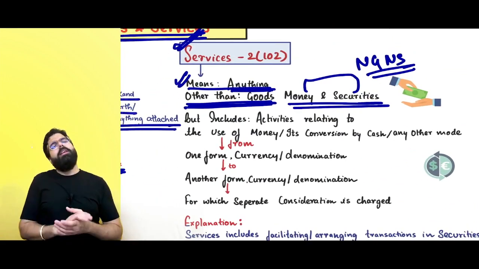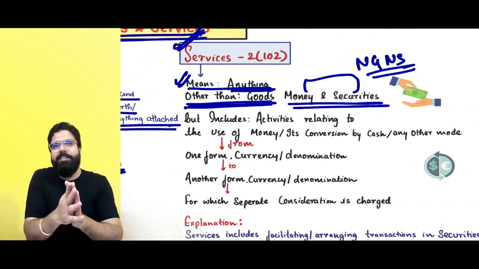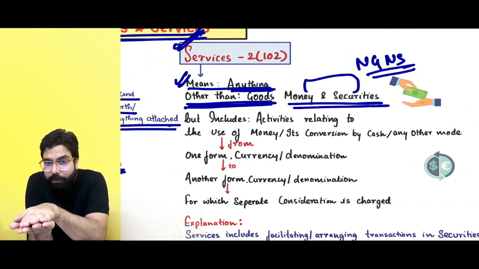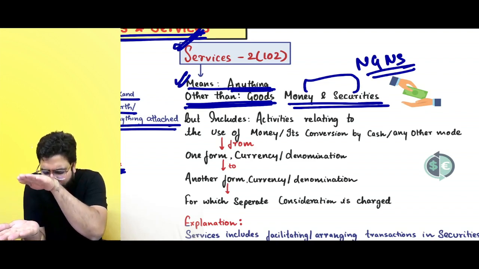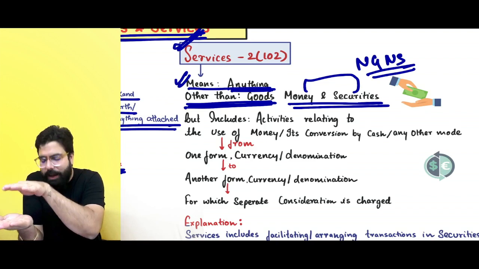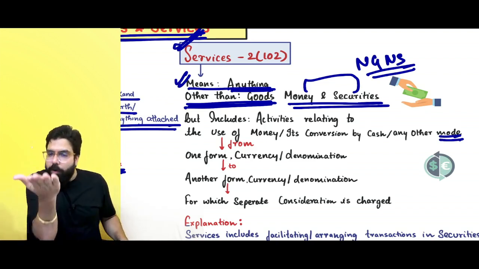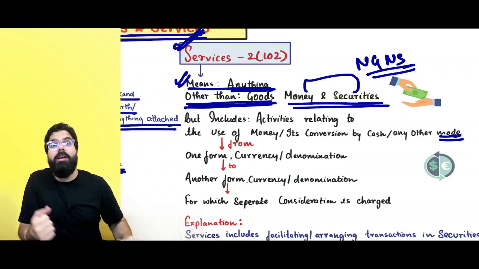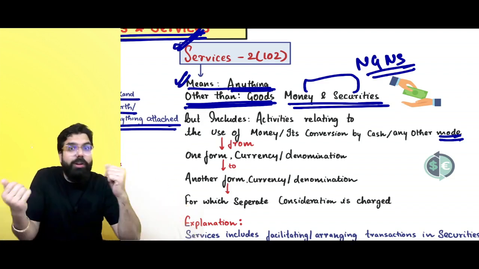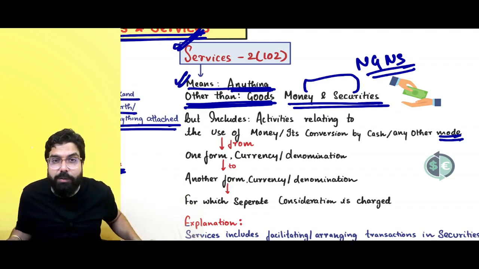Services means anything other than goods, money and securities, but includes activities relating to the use of money or its conversion by cash or by any other mode from one form to another, like converting cash into a demand draft, or a check into a DD. For all this, the bank charges a small amount.